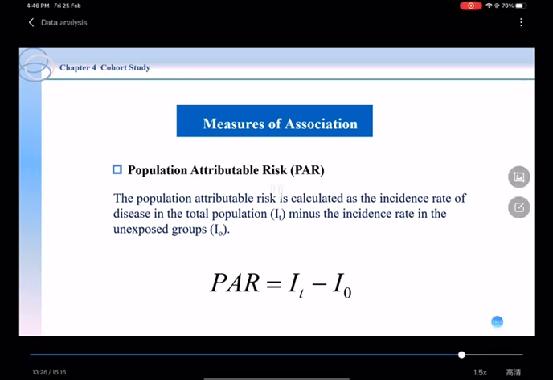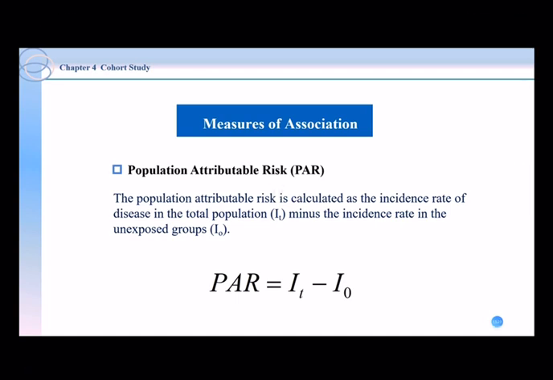So this PAR equals IT minus I0. This IT is the incidence rate of a disease in the total population, and this I0 is the same: it's the incidence rate in the unexposed group. So with this PAR we can understand, in the general population or in the total population, how many of the incidents can be attributed to the exposure.